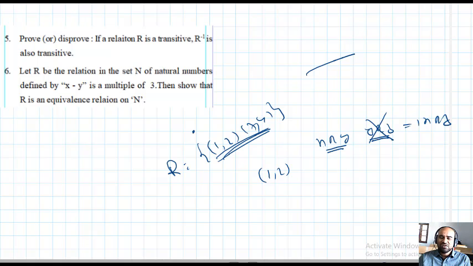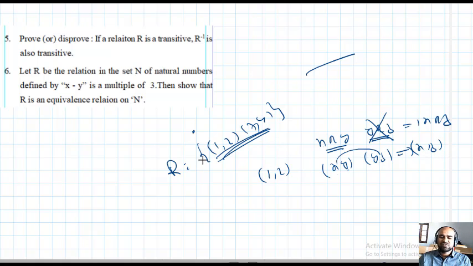If this is not there, no need to check, directly you can say that it is transitive. Understood? What is the meaning of that? If (x,y) is in R and (y,z) is in R, if these two are there, then automatically (x,z) should be there.